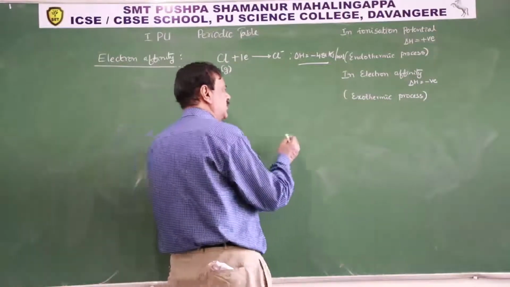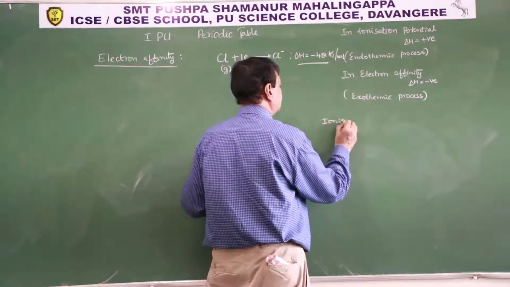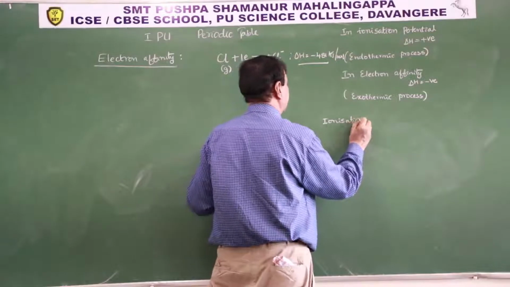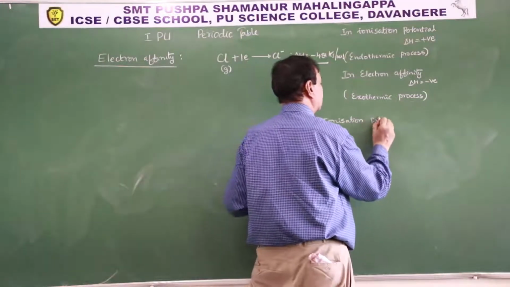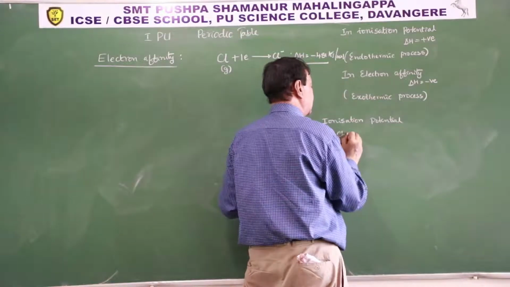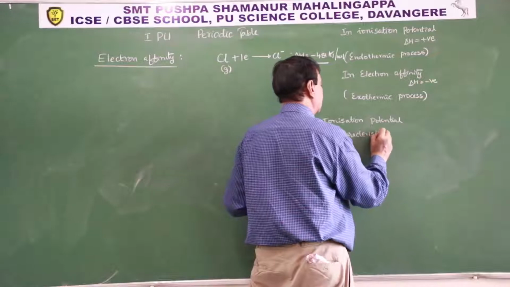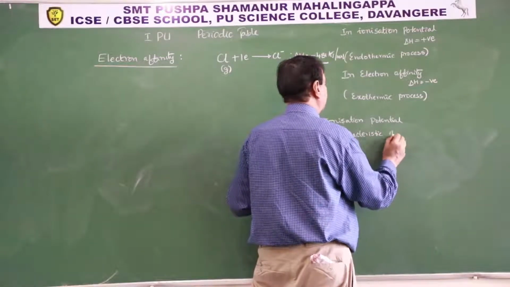Therefore, what is the difference between ionization potential and electron affinity? Ionization potential is a characteristic of metal.